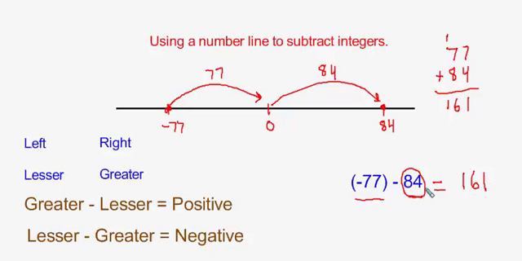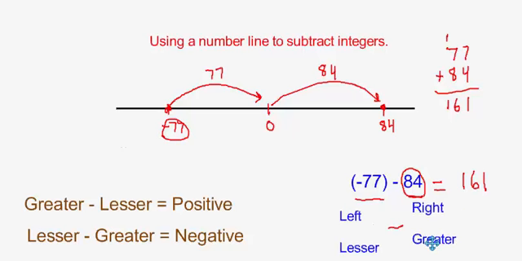Now I just need to know, is it positive or negative? Since the negative 77 was written first and it's on the left, I started with a number that is to the left and is of lesser value, and we are subtracting 84, which was way to the right, and numbers to the right are of greater value.